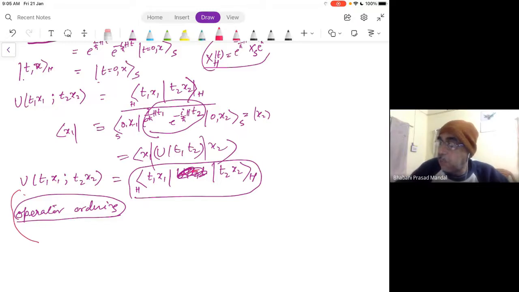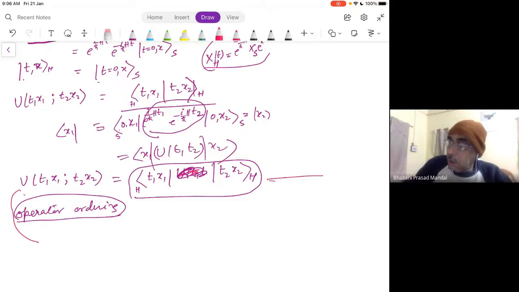It is the inner product between the basis state vectors, so that will be used to calculate this. That was the last I mentioned, how it comes in the Heisenberg picture.